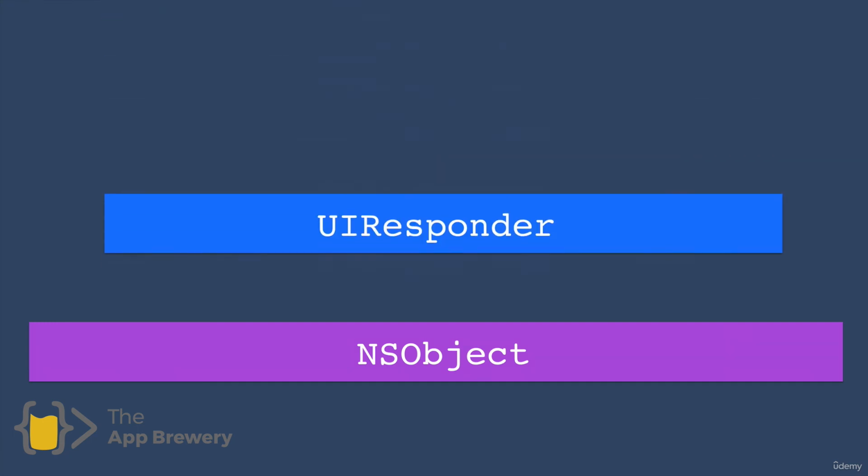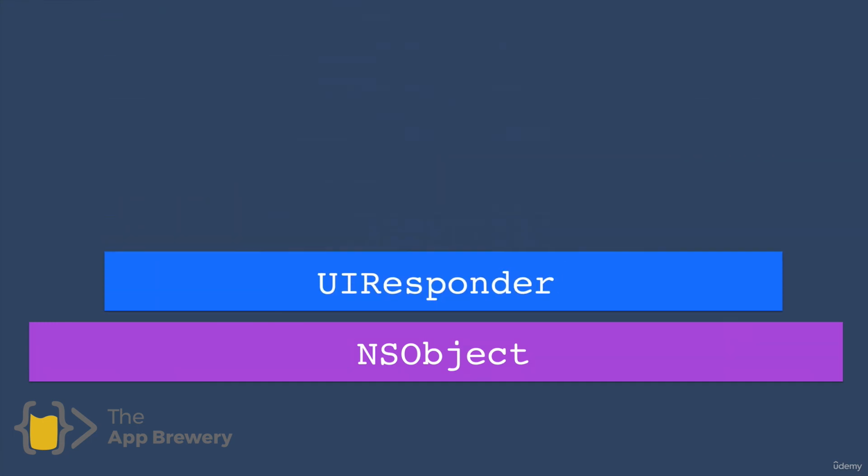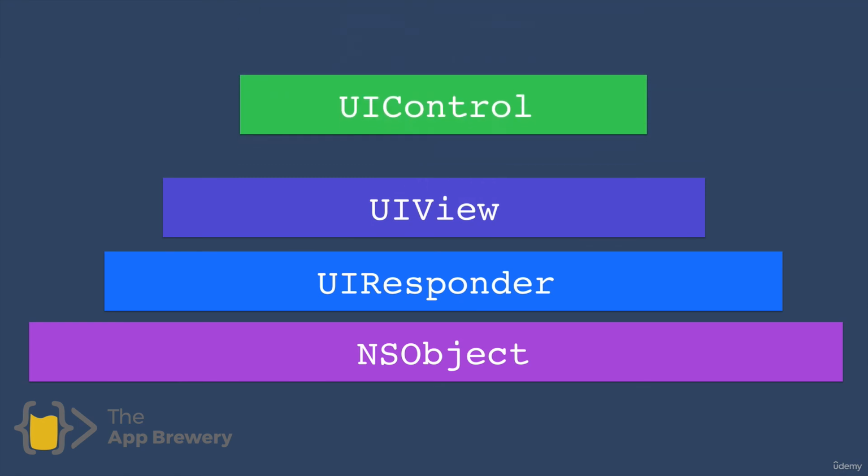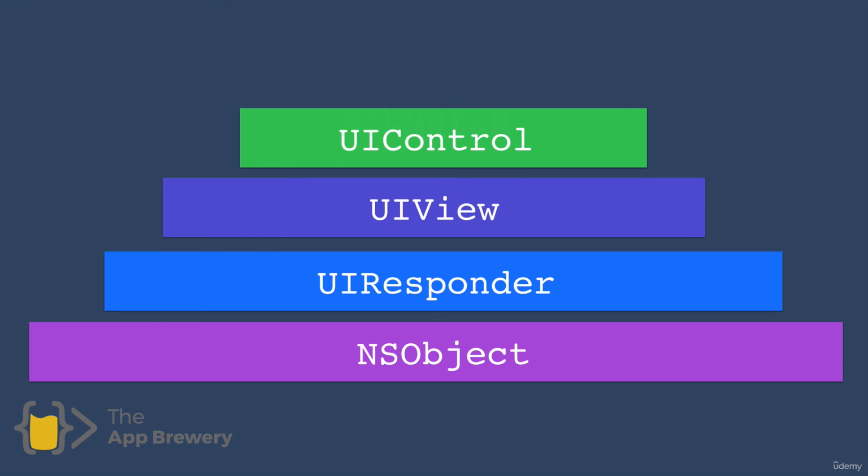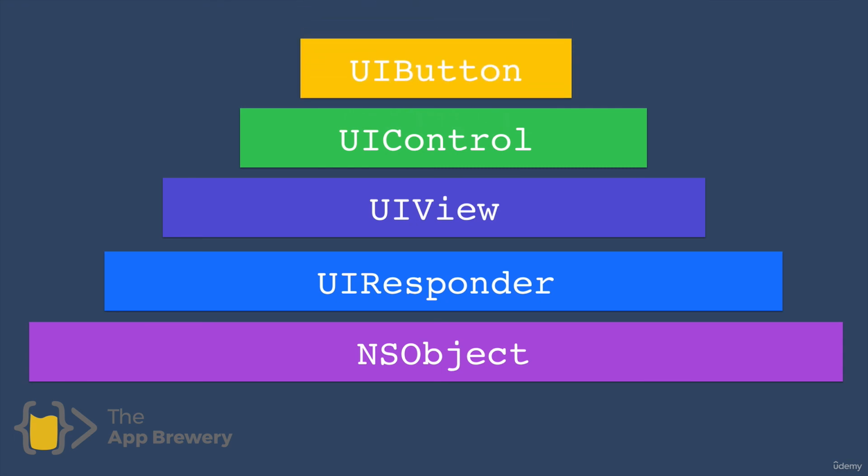Now, the UIResponder can do everything an NSObject can do, but it has its own additional capabilities. The UIView, in turn, builds on top of the capabilities of the UIResponder, and the UIControl builds on top of that again. At each level, more code and more capabilities are added. So the components become less generic and more specialized until finally we get a UIButton that the user can press.